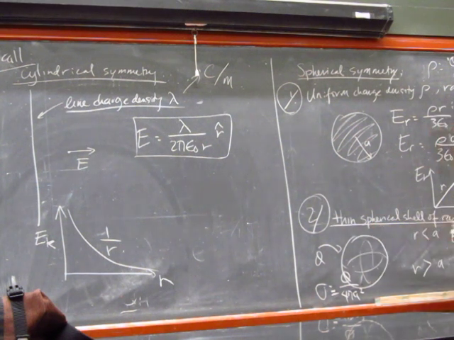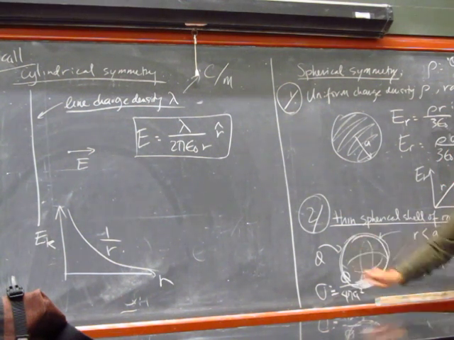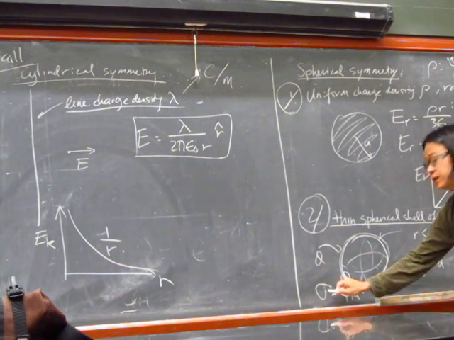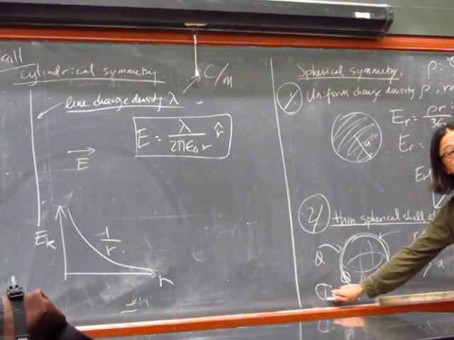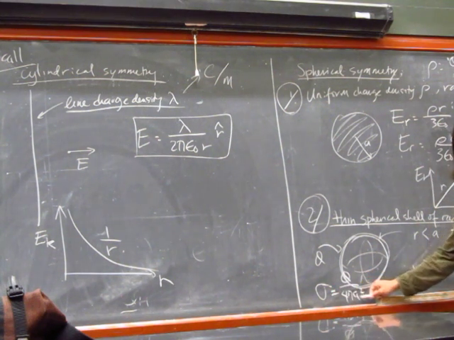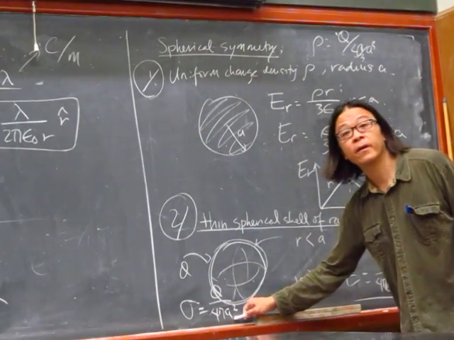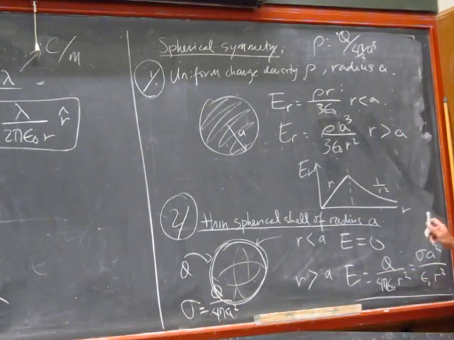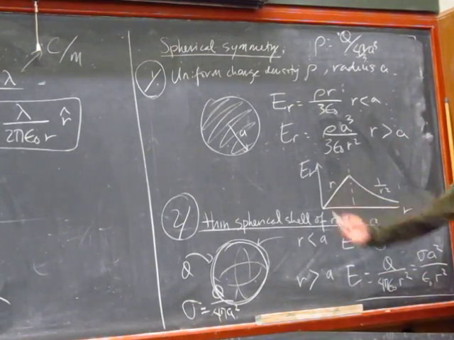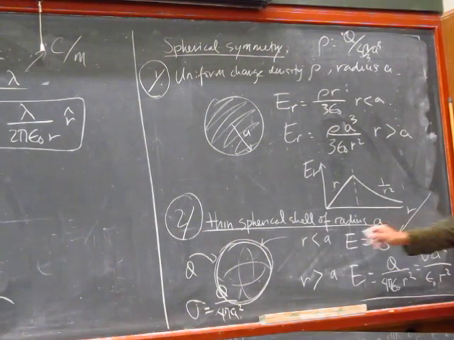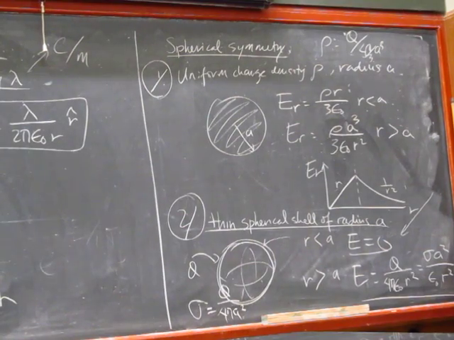We also talked about a thin spherical shell of radius a, so the charge is only distributed on the surface of the shell. There is a sigma, the surface charge density, given by Q over the area of the sphere, 4 pi a squared. Just by solving Gauss's law, we found last Friday that the electric field is 0 inside.